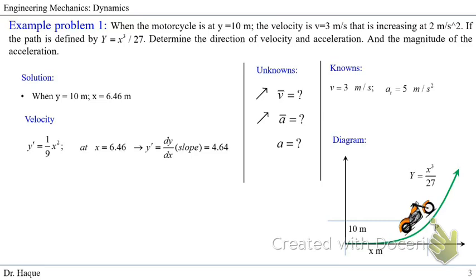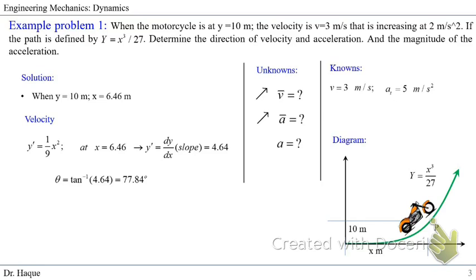So if we plug that value in the first derivative, which is dy over dx, and we know that is the slope, we just plug the value 6.46 into the derivative equation. We get the derivative equals 4.64, which is the slope. So we can take tan inverse of that, because tan theta equals dy over dx.